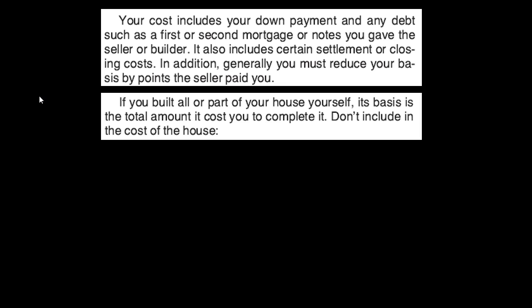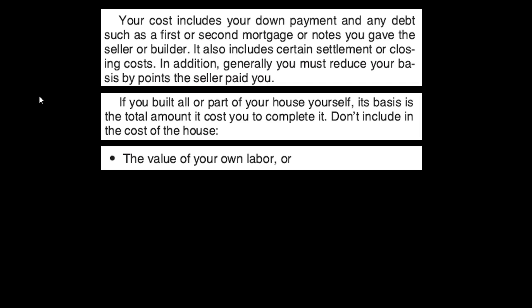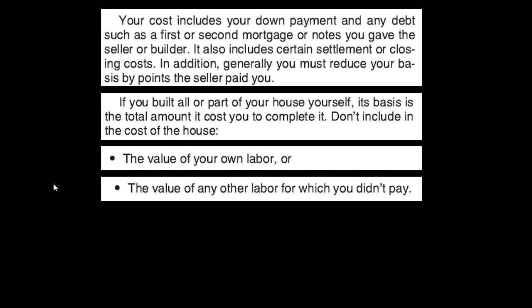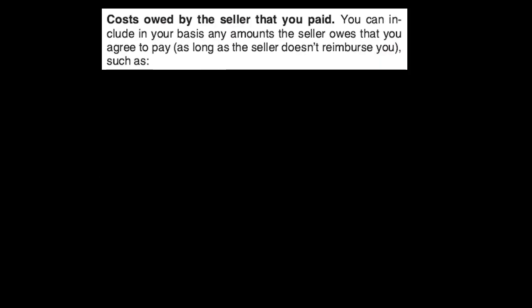Don't include the value of your own labor or the value of any other labor for which you didn't pay. Notice the IRS is skeptical of any kind of unpaid labor, possibly because it's not going to have a good audit trail. It's pretty difficult to track or trace what the value of the unpaid labor would be.